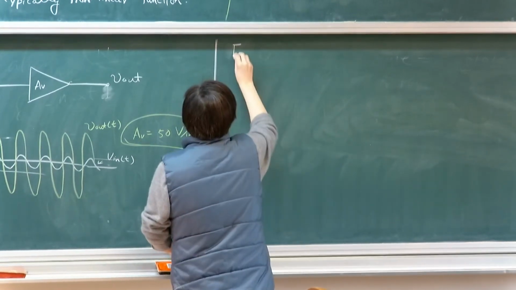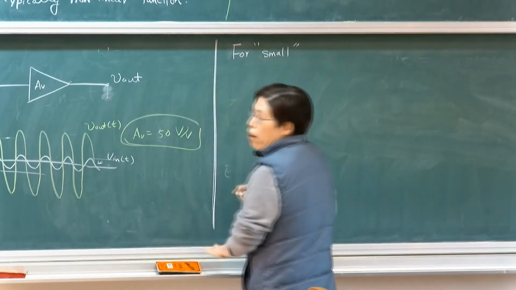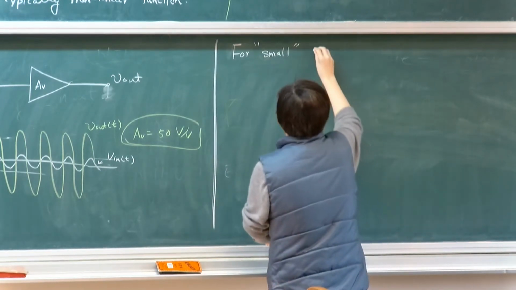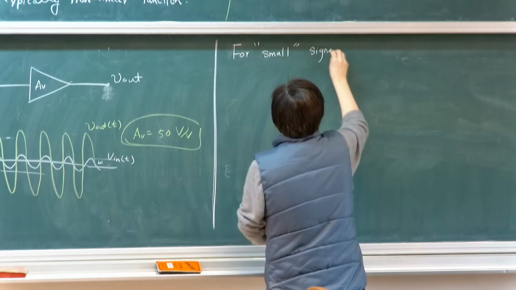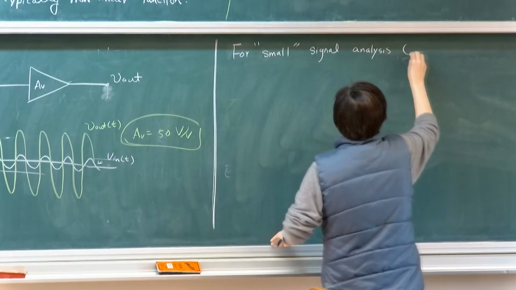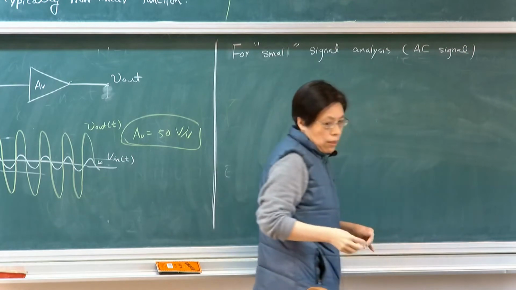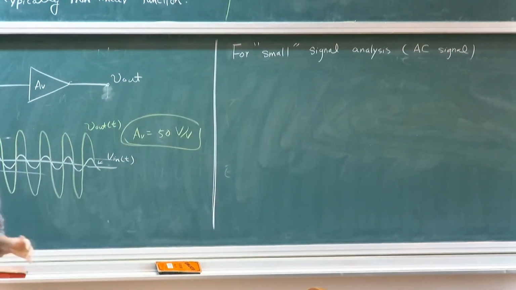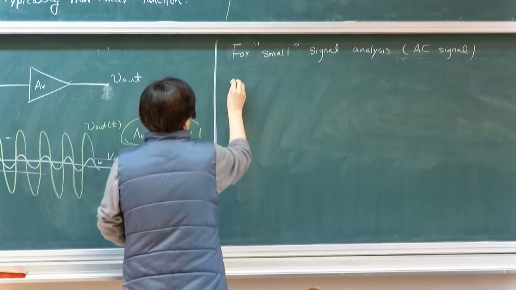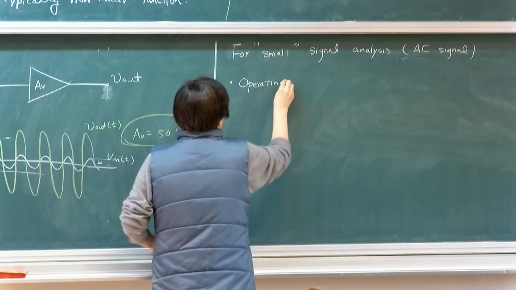For small signal analysis, especially typically referred to as AC signals, these small signals change with time. We start with figuring out where the small signal is actually standing. So we define something called the operating point.